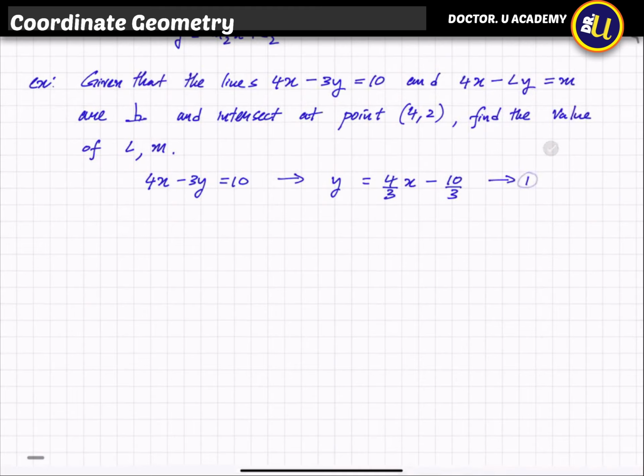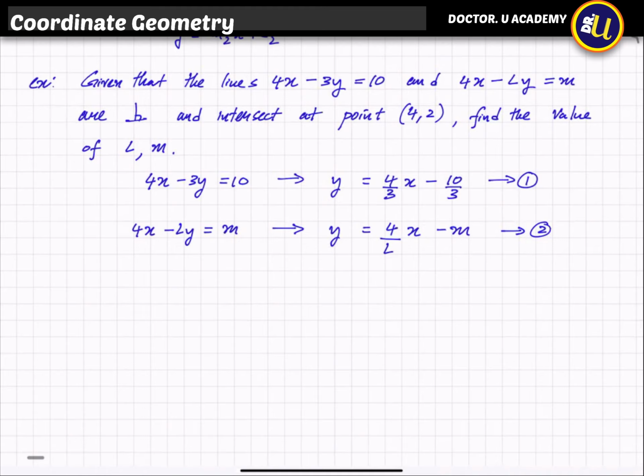Then I will take the second equation, which is 4x minus ly is equal to m. If you make y the subject, you should get y is equal to 4 divided by l x minus m. So this is my second equation. The question says the first equation and the second equation are perpendicular to each other.